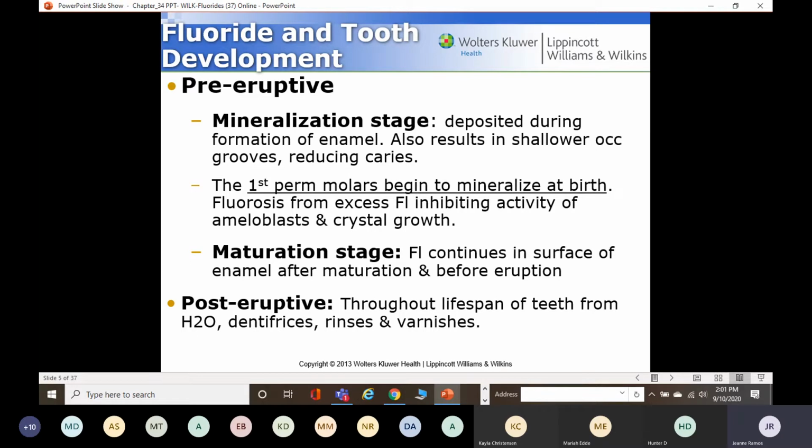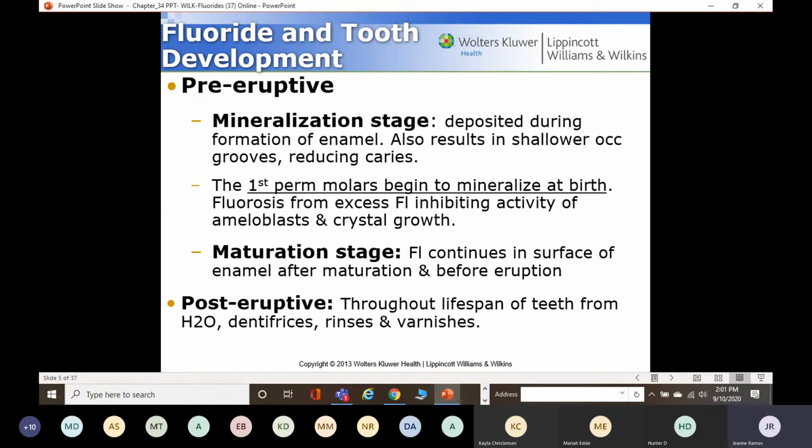So all of those hypoplasia and localized hypoplasia have to do with the ameloblasts during formation being what they call insulted, or their activity inhibited. Then you can start having problems in crystal growth right when that's forming. So maybe when the teeth come in, they're spotted.